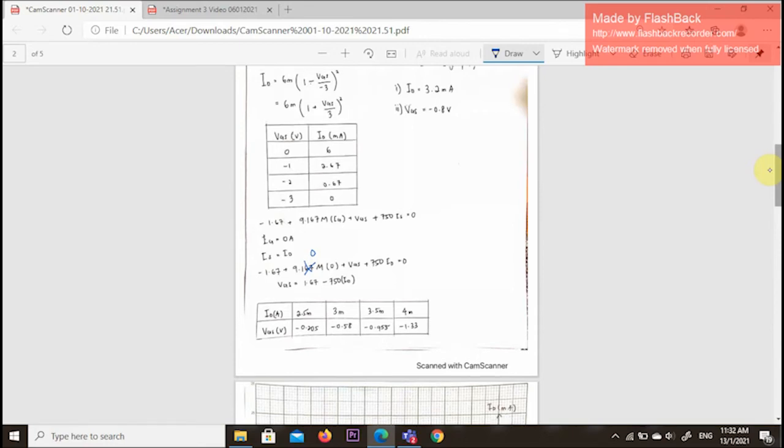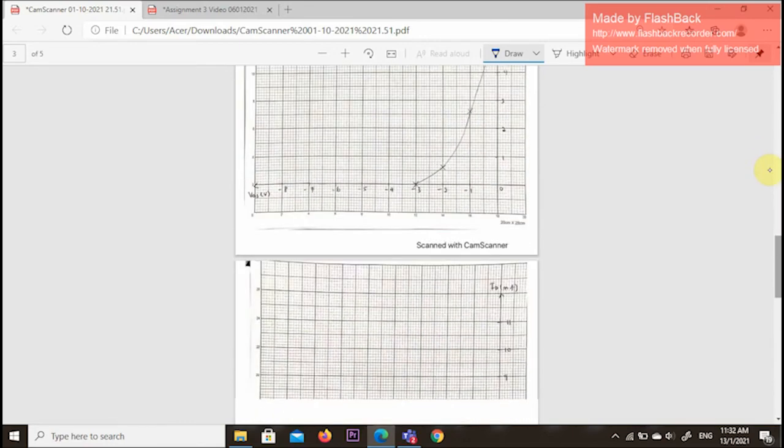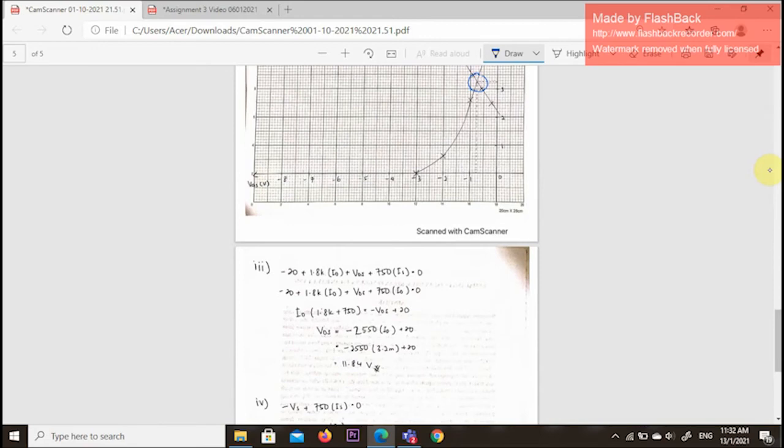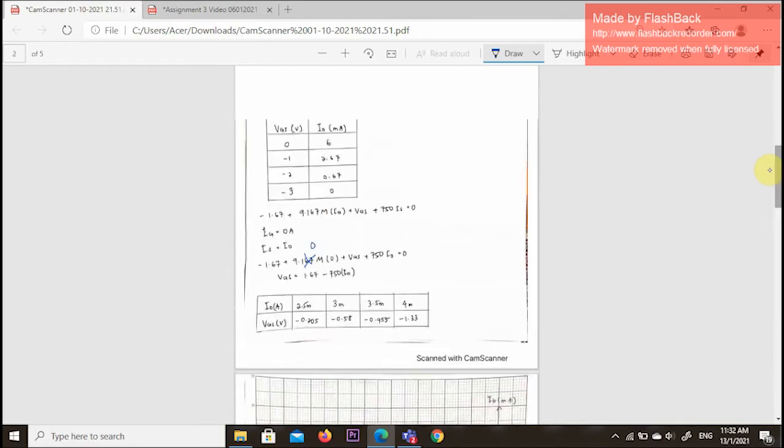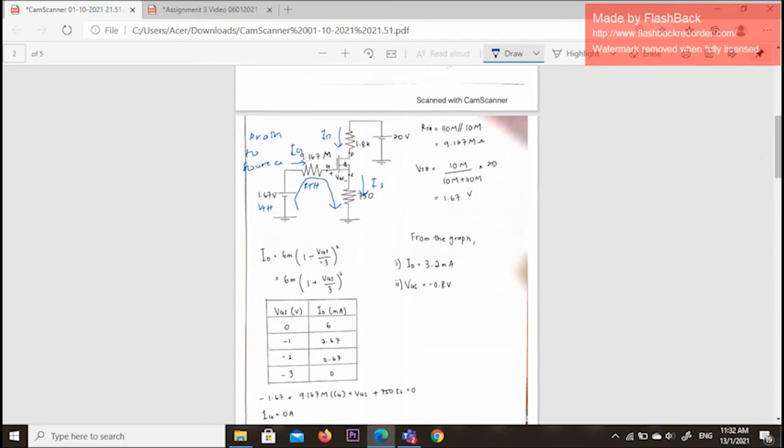Okay. The next question is to find the VDS, which is in here.